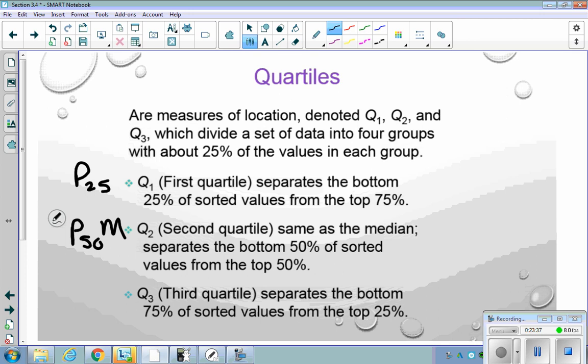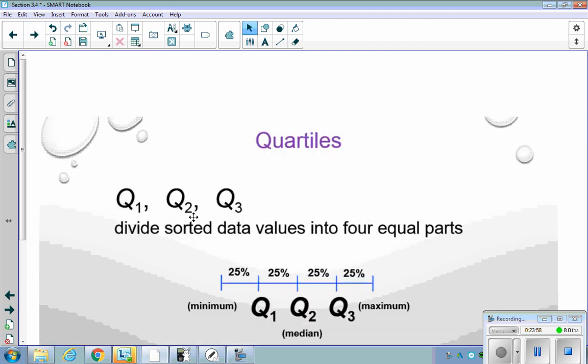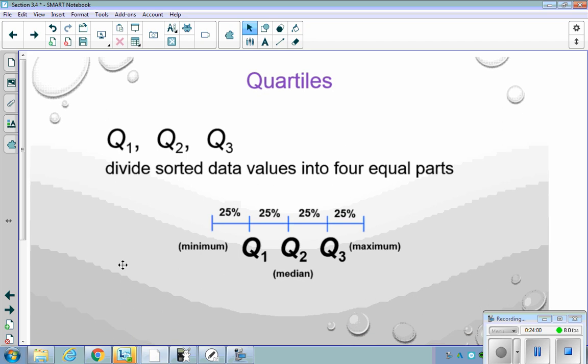And the third quartile would be the 75th percentile. So really, I'm taking all my data and dividing it into fourths, like a quarter is to $1. So we've got our minimum value, quartile 1, quartile 2, which is our median, quartile 3, and our maximum value.